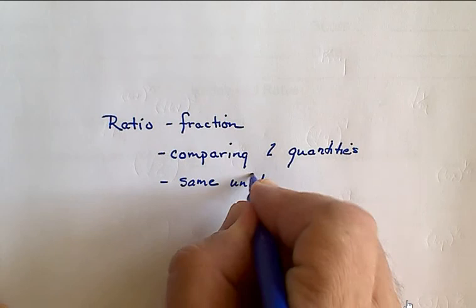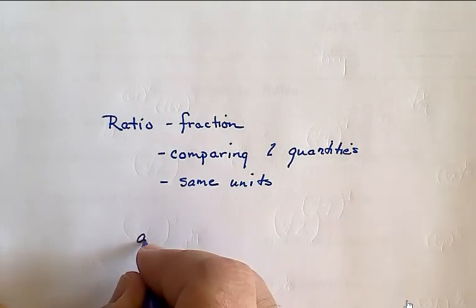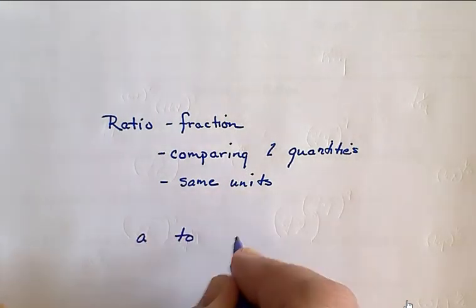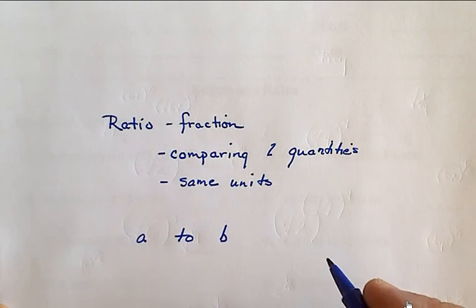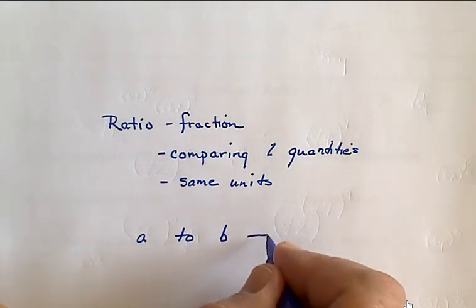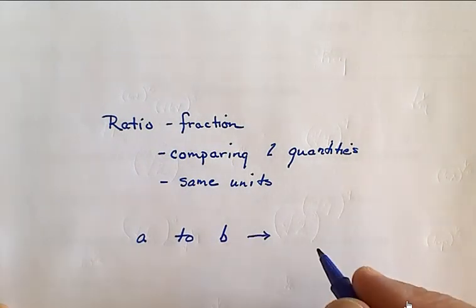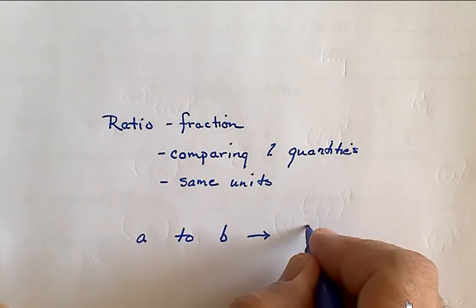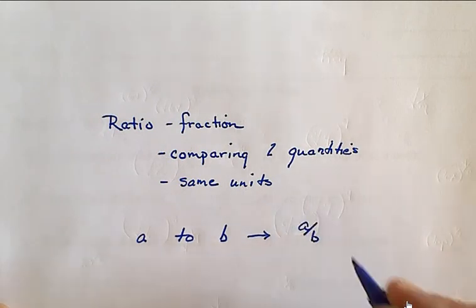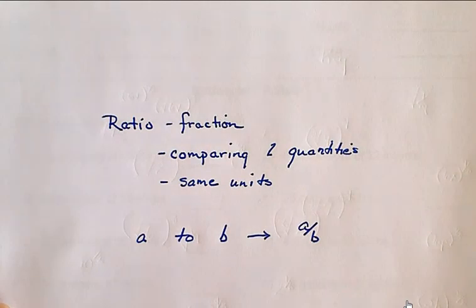So if you have A to B written like that, okay, most of the time we'll use the notation A over B so that we can write the ratio. Both of them are valid forms, but we like to use the one on the right using the fraction bar because it also gives us a means by which we can simplify.